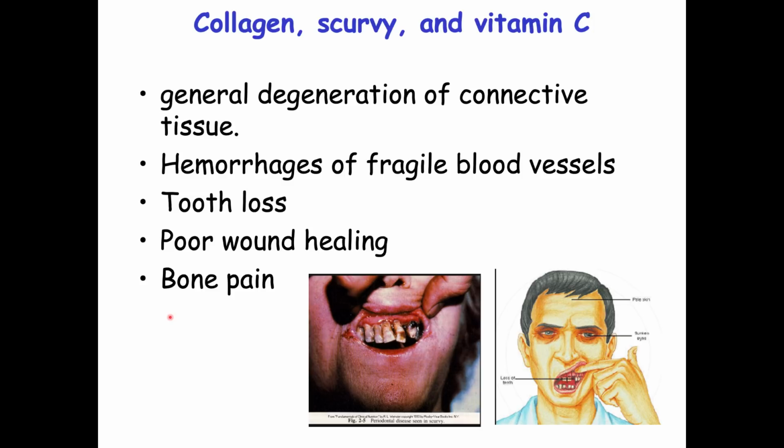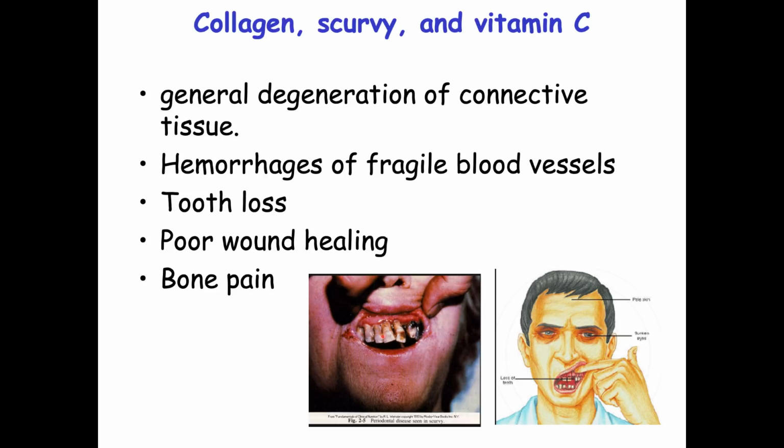Now, I mentioned earlier that scurvy is a defect in collagen. That's the result of a lack of vitamin C. Scurvy leads to general degeneration of connective tissue. It results in hemorrhages of fragile blood vessels, tooth loss, poor wound healing, bone pain, and then here are some lovely images of some of the symptoms.